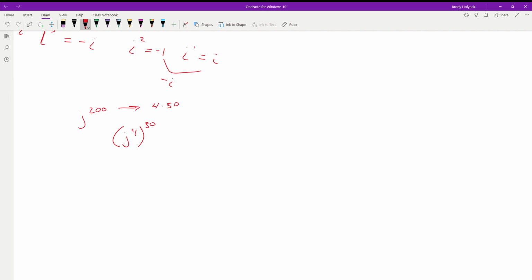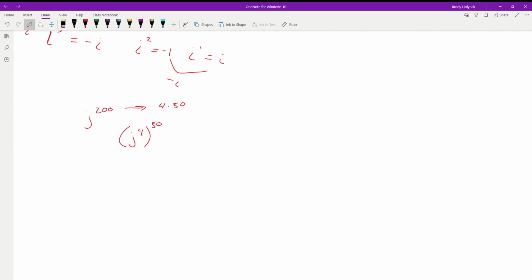Now we're using the rules that we learned at the beginning of the semester with powers of 10. When we have a power raised to a power, we multiply them together, and to divide them out, we split them back into their raised to a power. So what is j to the 4th? 1. 1 raised to the 50th power is 1. So j to the 200th is 1.